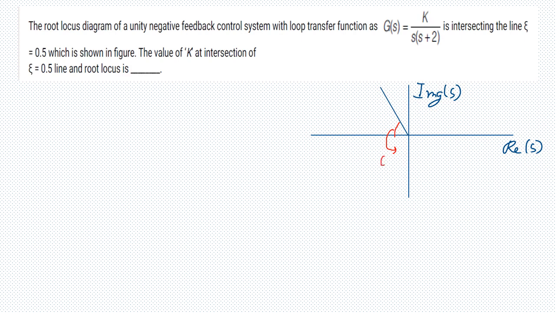So this is 60 degrees, because this line's angle is cos inverse zeta, so it is 60 degrees, or pi by 3. He is asking what should be the value of K for which zeta is 0.5. It's a fairly easy question. You can try it first before seeing the solution.